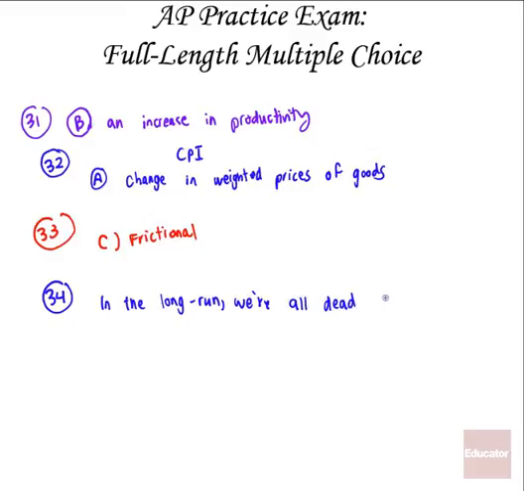Now, he was a big critic of the classical philosophy, the idea that you just don't do anything, the idea that in the long run things will just kind of correct themselves. Problem is, we don't know how long it's going to take. And so classical economic analysis says that the economy is self-correcting.